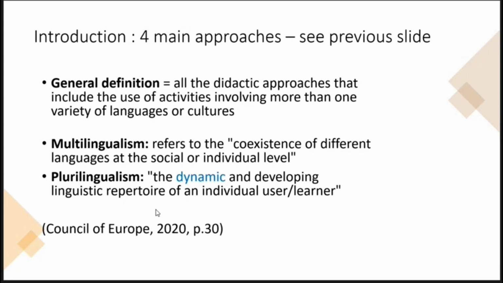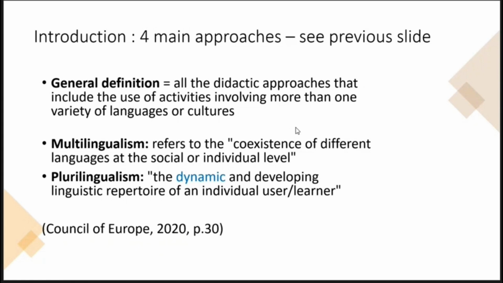But I think the distinction made in Europe is interesting, because multilingualism is defined as the coexistence of different languages at the social or individual level. The term plurilingualism is used when it comes to actually using in a dynamic way the linguistic repertoire of an individual user or learner. So it's the active use of the different types of languages that you know. That's just a terminological point.